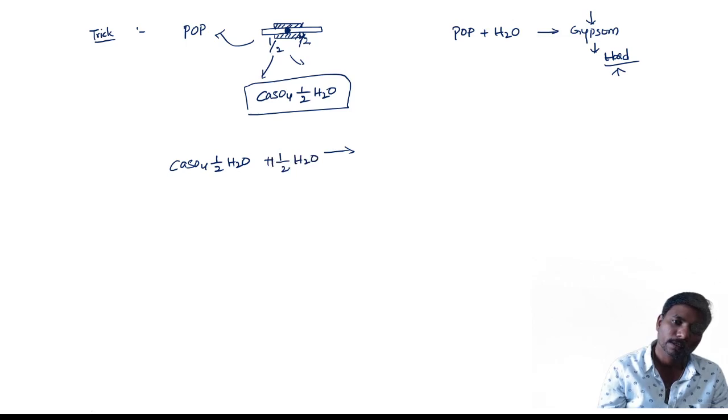If you add one and a half H2O, it becomes CaSO4 2H2O. Again gypsum is formed, that is a hard material.